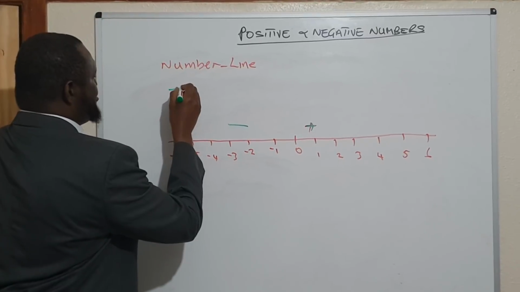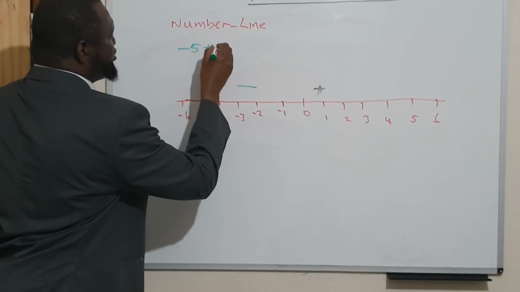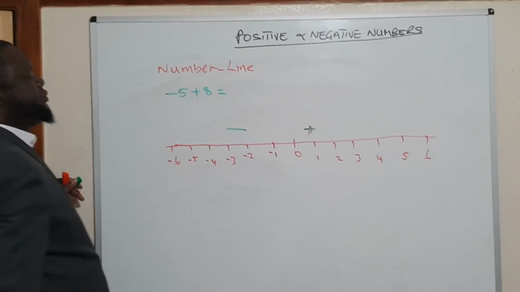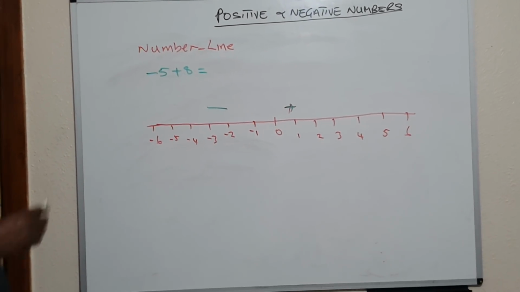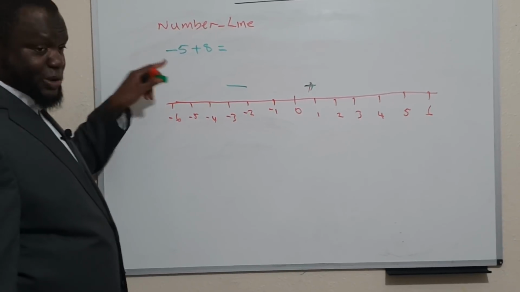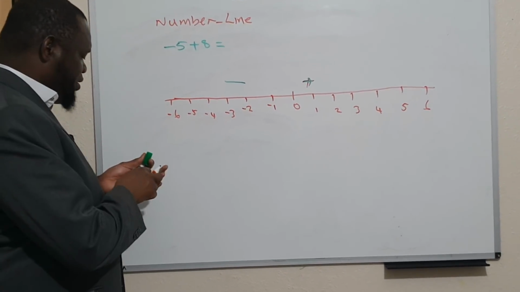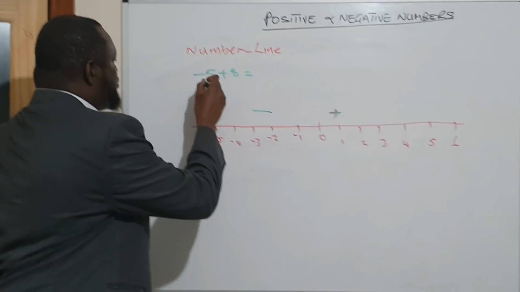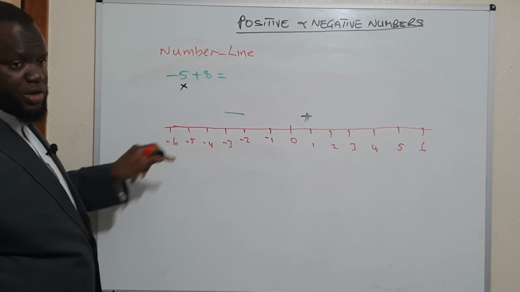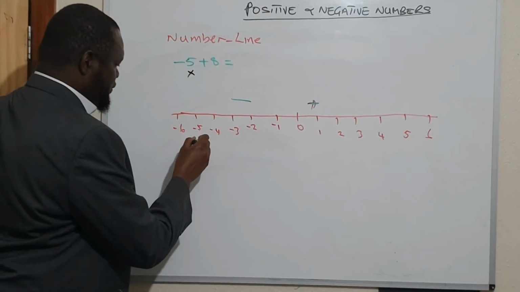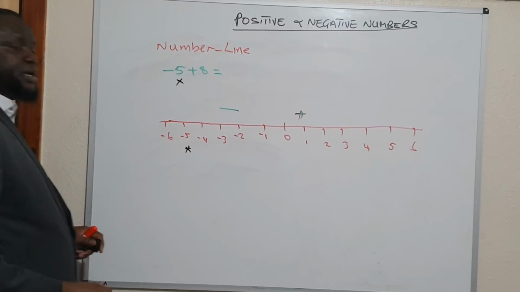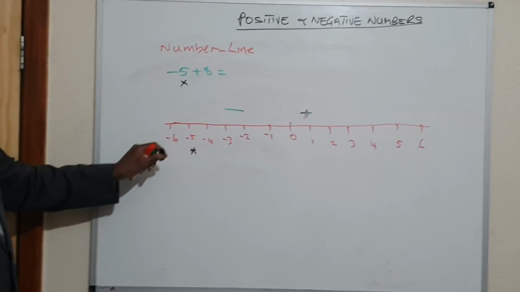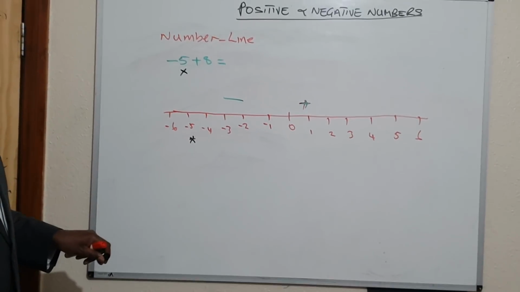What is minus 5 plus 8? Okay? First of all, we have to identify the first one. Where is that on the number line? It's here. Minus 5 is what we start with, and we locate that in the number line.